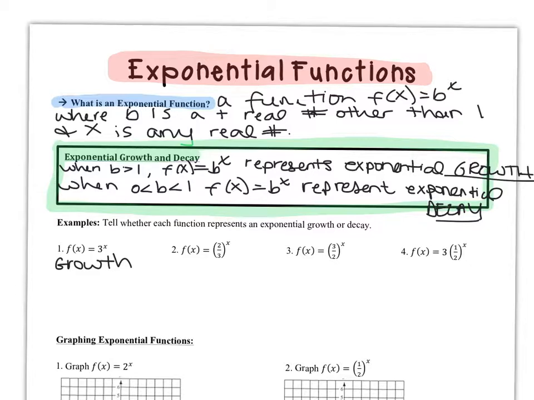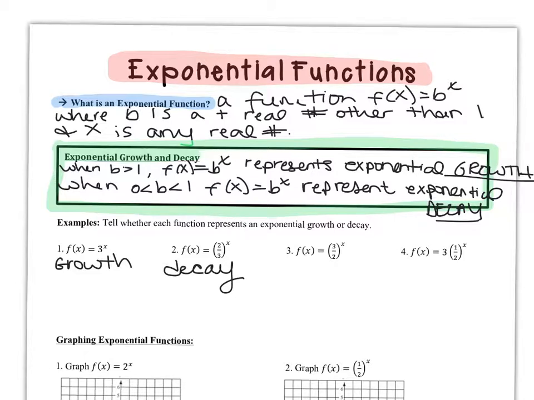If I look at number 2, f of x equals 2/3 to the x power, so b is 2/3. Since b is less than 1, it's going to be an exponential decay. So go ahead and pause this video and try 3 and 4 on your own, and then unpause this video and we'll go over the answers.